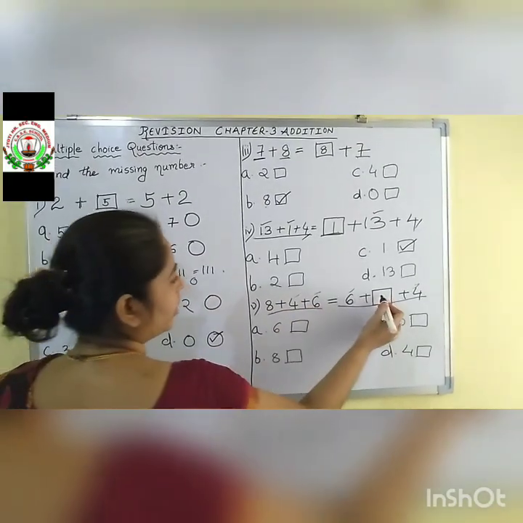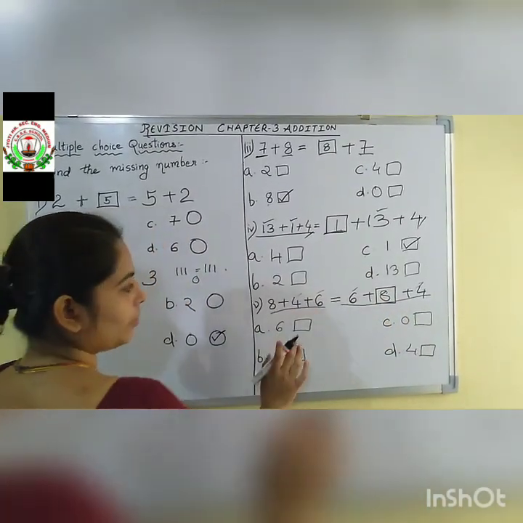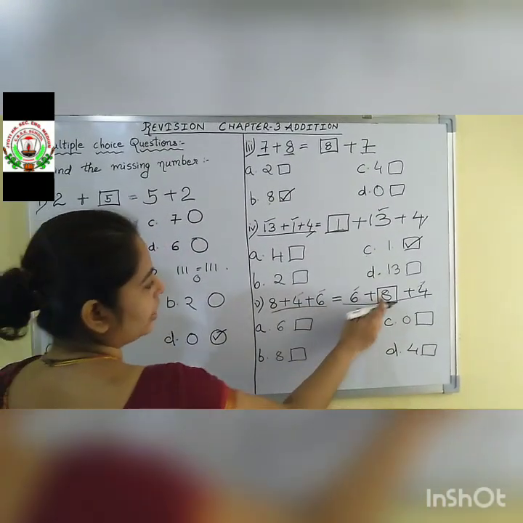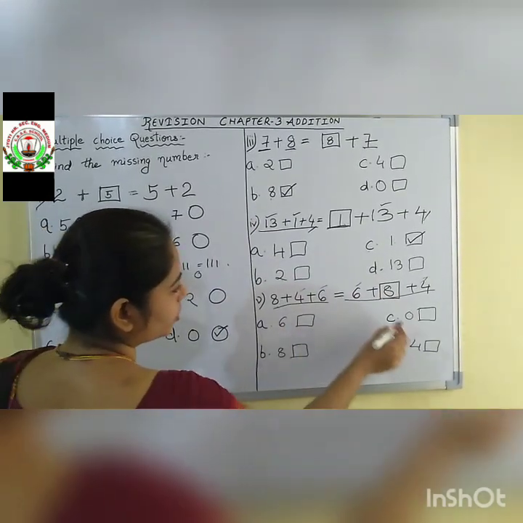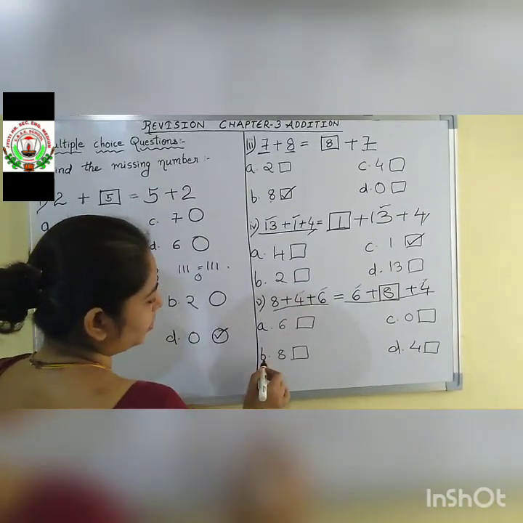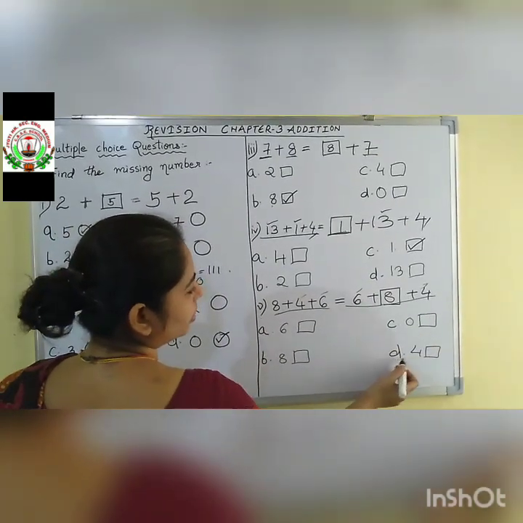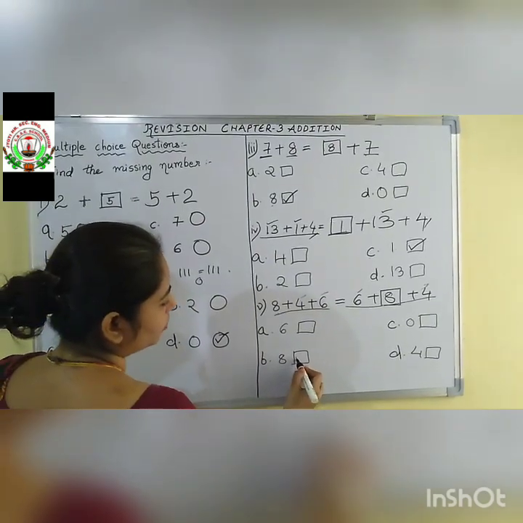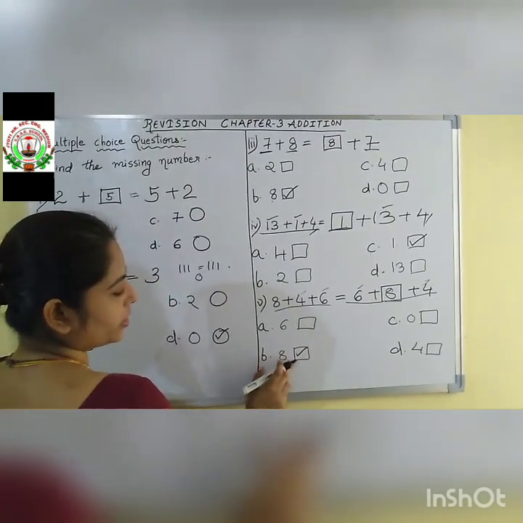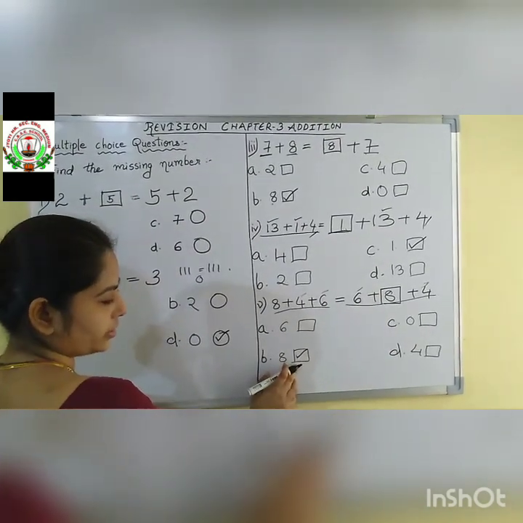So we'll put 8 here, then it will be balanced. See, 8, 4, 6, 8, 4, 6. We got the answer as 8. And from the options A 6, B 8, C 0, D 4, what is the answer? 8. So B is there. We'll put a tick mark over option B.